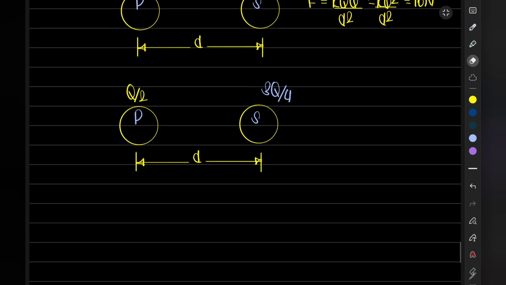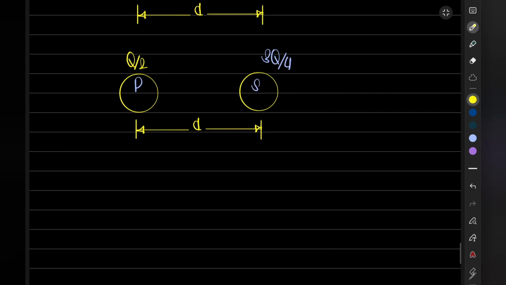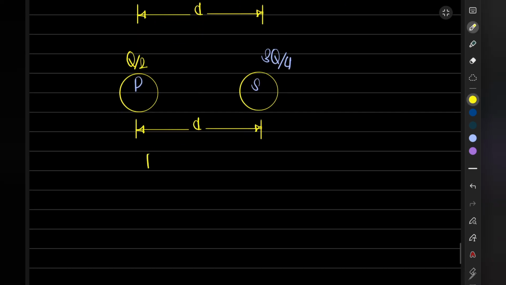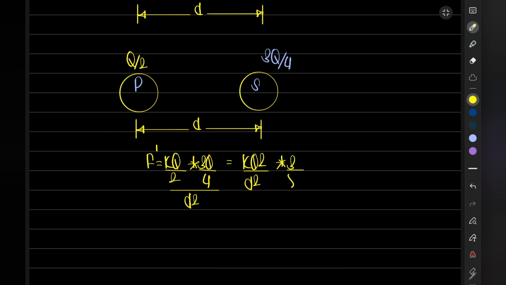So now the final force of repulsion, which I'm calling F dash, is equal to K Q1 into Q2 by D square. So K Q square by D square into 3 by 8.